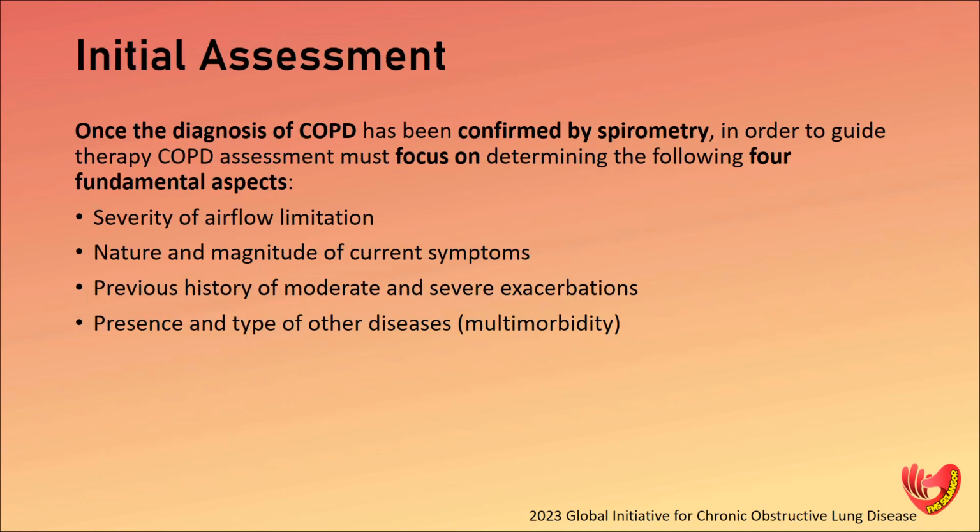Once the diagnosis of COPD is confirmed, 4 fundamental aspects need to be determined to guide us on COPD management. The 4 aspects are severity of airflow limitation, nature and magnitude of current symptoms, previous history of exacerbations, and comorbidities.